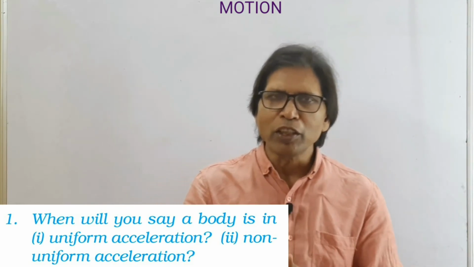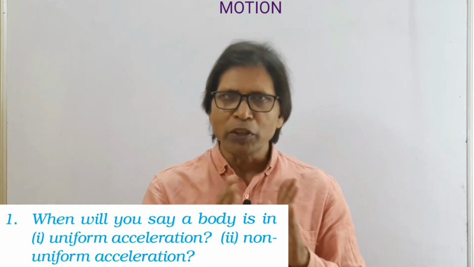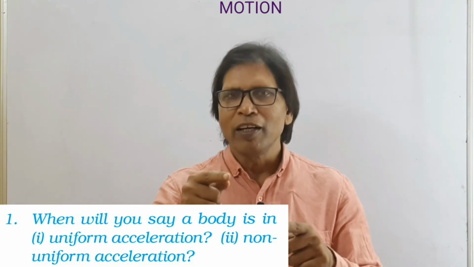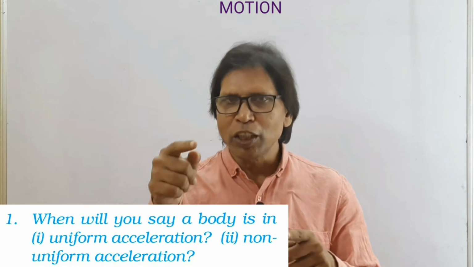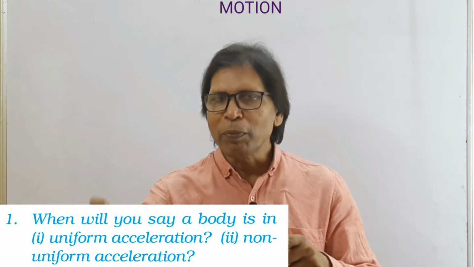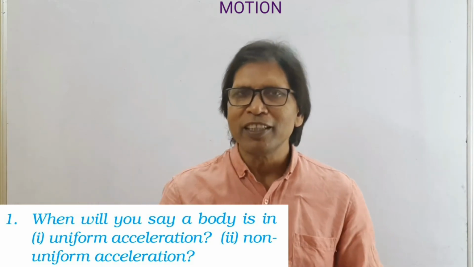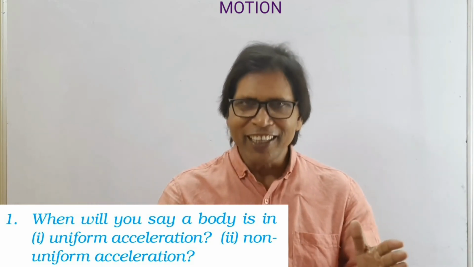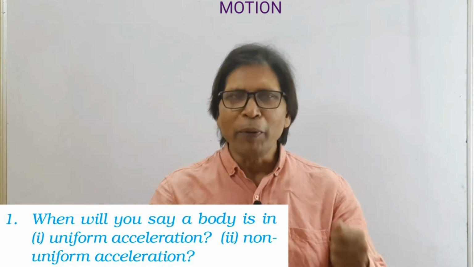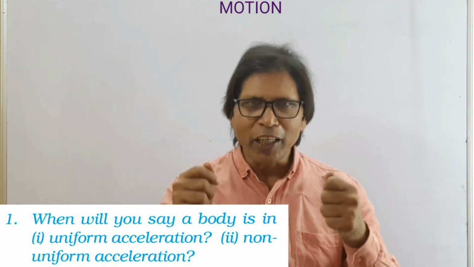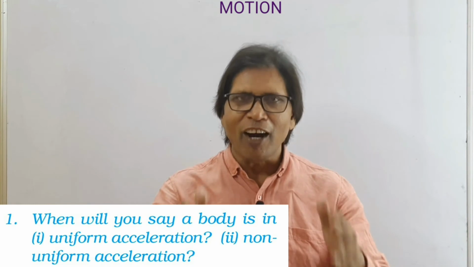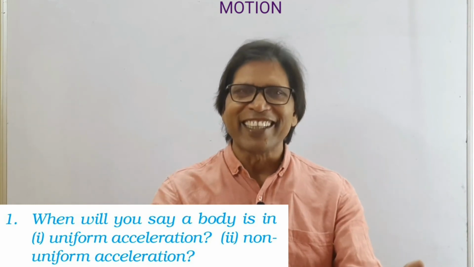That is, the velocity of the body initially is 0, after 1 second its velocity becomes 2, after 2 seconds 4, after 3 seconds 6, after 4 seconds 8. Understood? Now non-uniform acceleration. If the change of velocity of a body is not uniform in equal time, then its acceleration is called non-uniform acceleration.